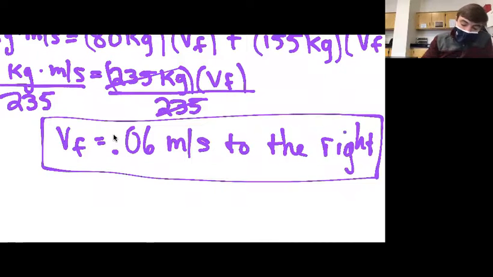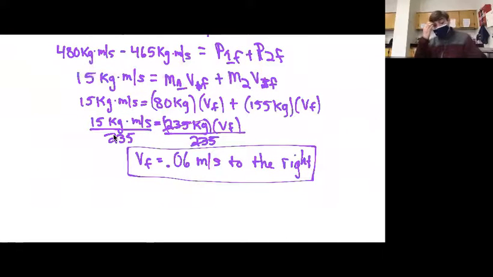And final velocity is 0.06 meters per second to the right. I know it's to the right because it's a positive value. If it was to the left, it would be a negative value.